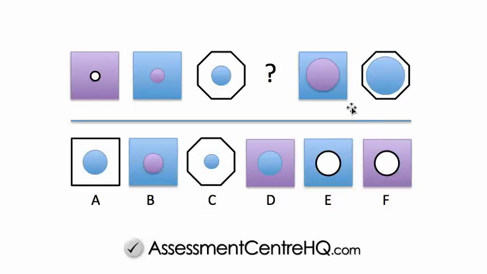Okay. So lastly, the fourth variable is the colour of those squares. The colour sequence goes purple, blue, white, blank, blue, white, with the black edges. So we know that we're looking for a purple square. Of these two options, only one of them has the purple square, and only one of them has the circle of the right size and the right colour. So the answer here is F.